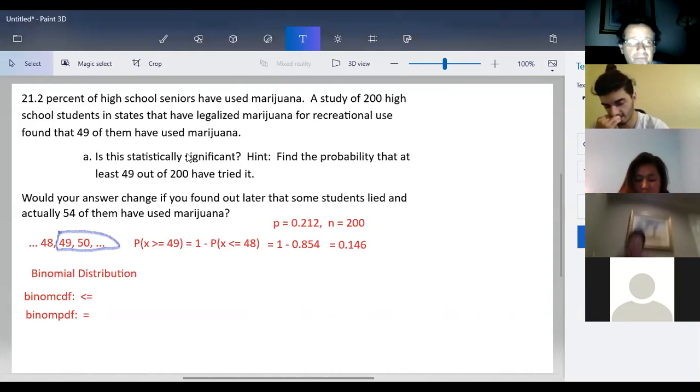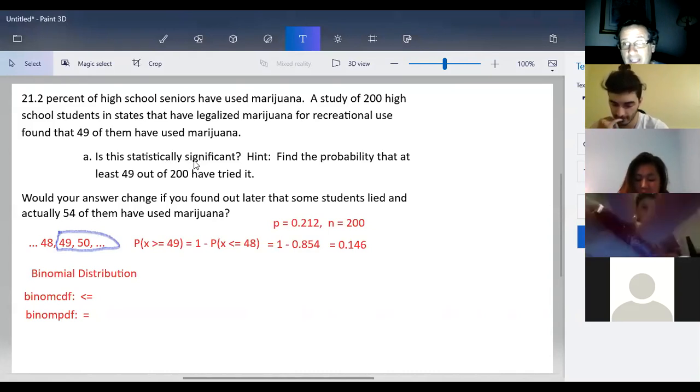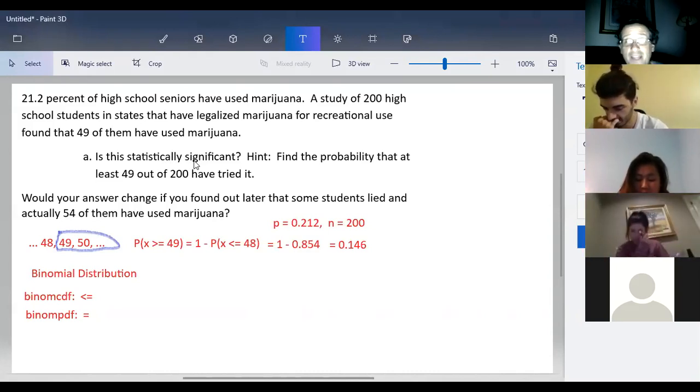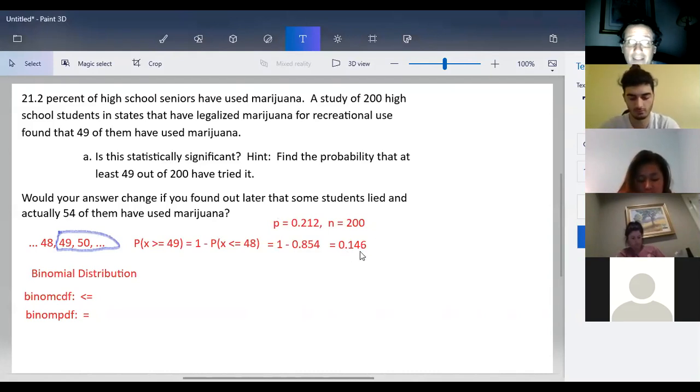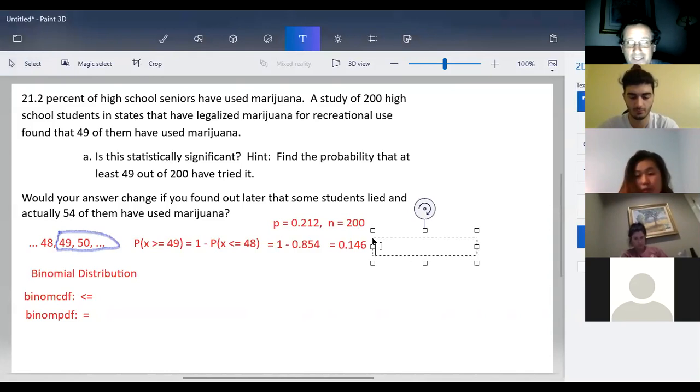So the typical number you use to decide what it needs to be less than to be statistically significant is 5% or 0.05. All right, so is this less than 0.05? That should be easy for you guys, all of you. Don't need a calculator. Yes or no? No. This is greater than 0.05, so not statistically significant.